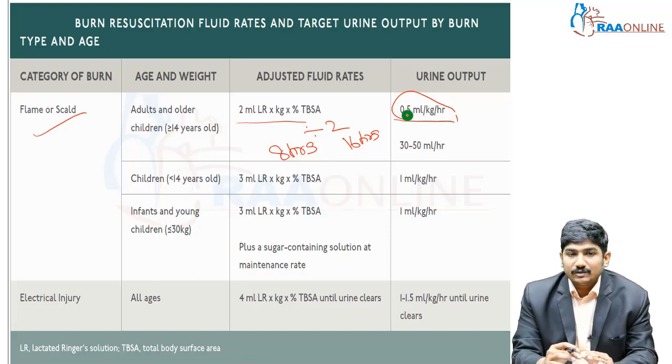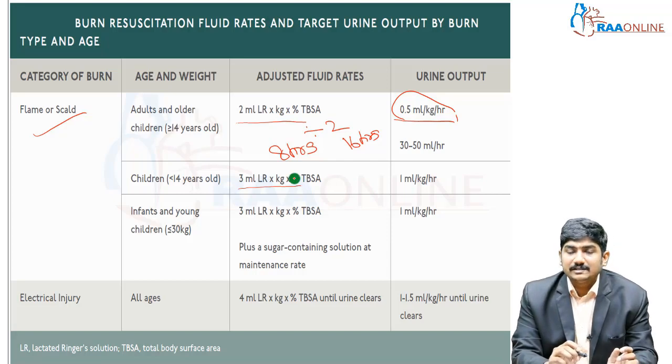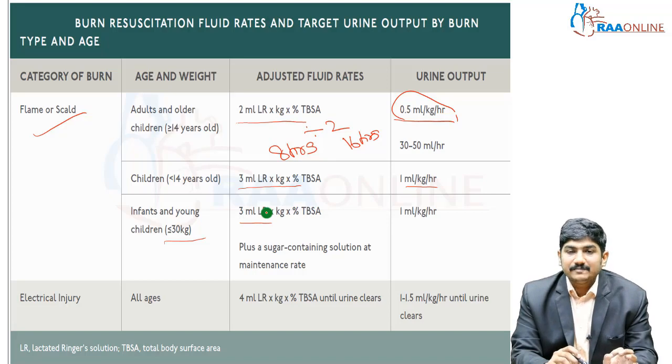If it's children less than 14 years old, it's 3 ml Ringer lactate into kg total body weight into percentage total body surface area, and maintain a urine output of 1 ml per kg per hour. In infants or young children less than 30 kgs, it's almost the same: 3 ml RL into kg into percentage total body surface area, maintaining a urine output of 1 ml per kg per hour.